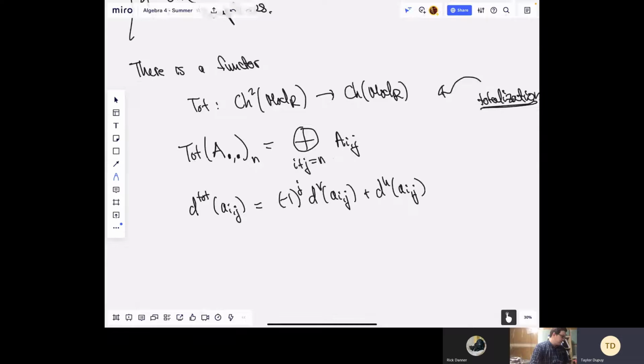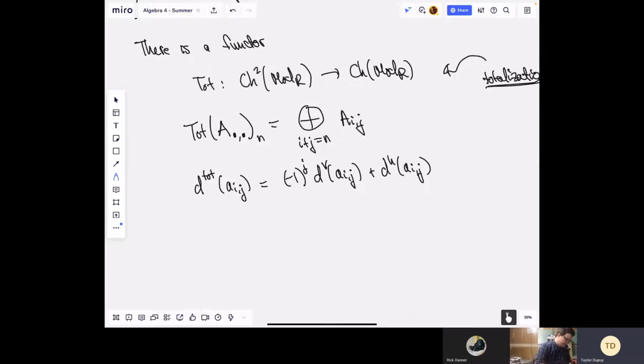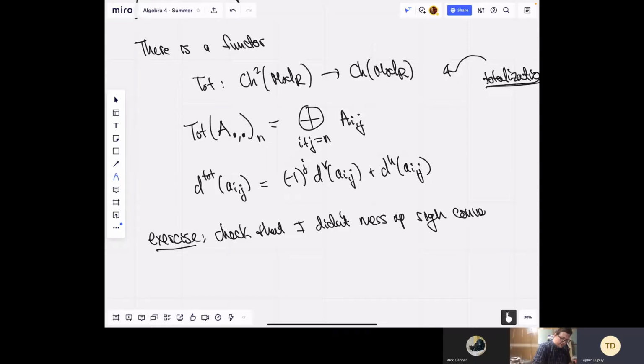So an exercise is to check that I didn't mess up the sign convention, and fix it if I did.